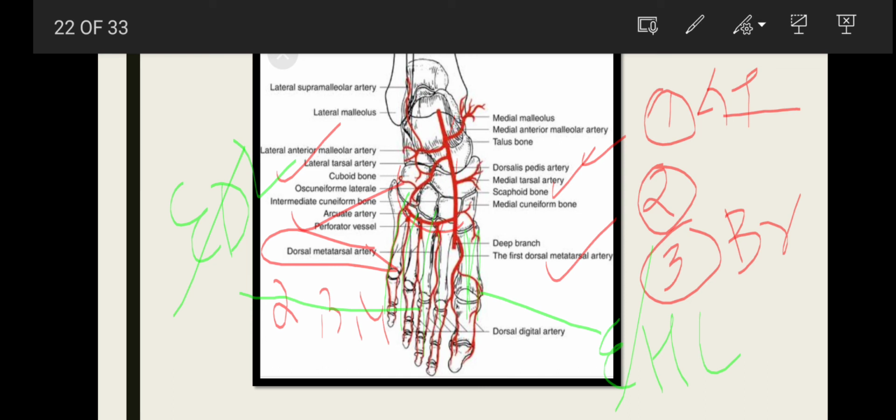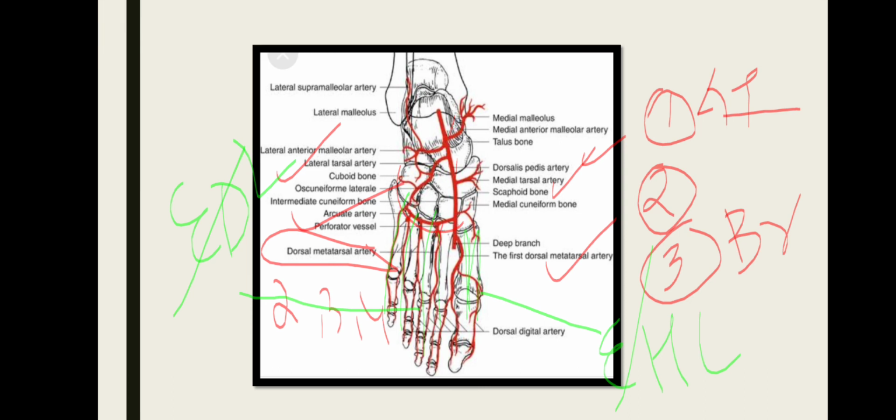Now you might have heard of peripheral pulses. One is the radial pulse. One of the peripheral pulses which you take is from the dorsalis pedis artery. So when you write about the dorsalis pedis artery, you have to write in applied anatomy about pulsation of the dorsalis pedis artery.